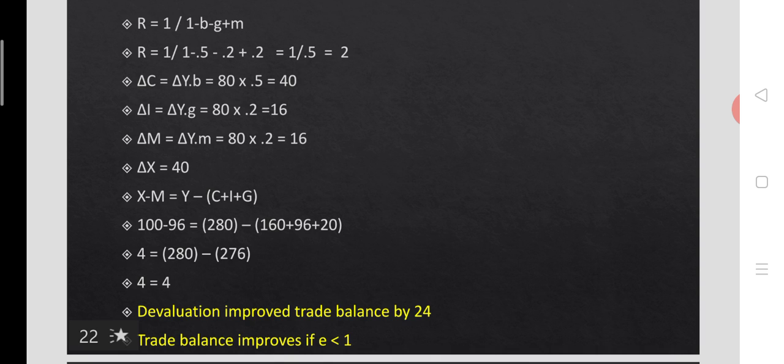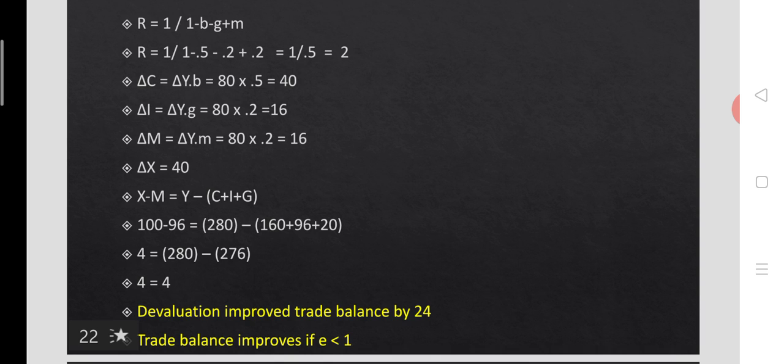When the trade balance is negative, that will be the same as the excess of domestic expenditure over national income. Here national income is 280, domestic expenditure or absorption is 276. Then its value is 4. That 4 is the same as the trade balance of 4.